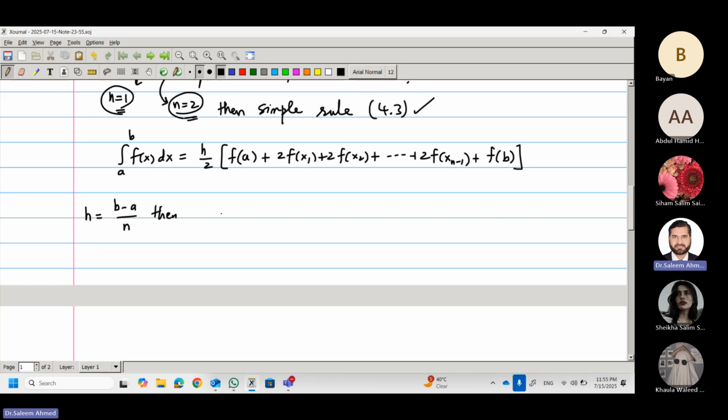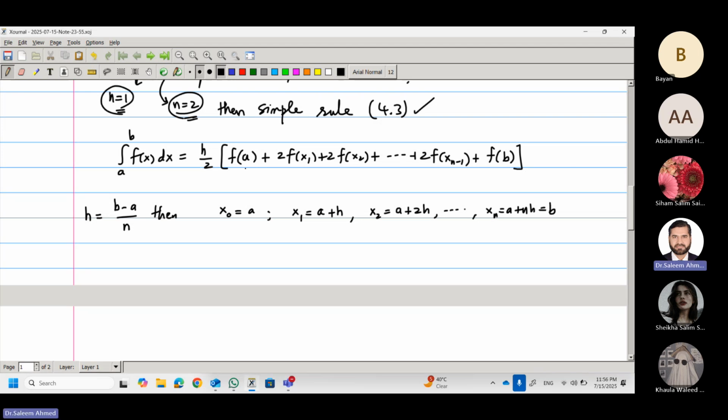Then your x naught is of course a, the first one. X1 is you are starting from a and add just one h. And then x2 will be a plus 2h, another h. X3 is a plus 3h. So the last one, xn, which is a plus nh, this automatically becomes b.